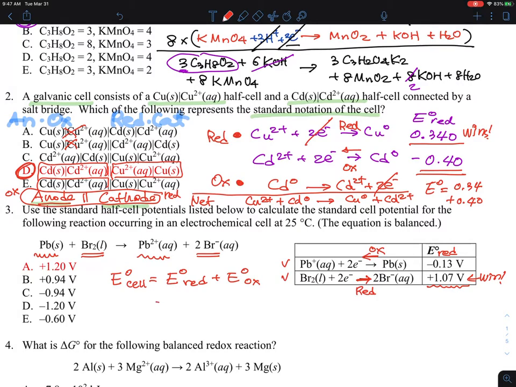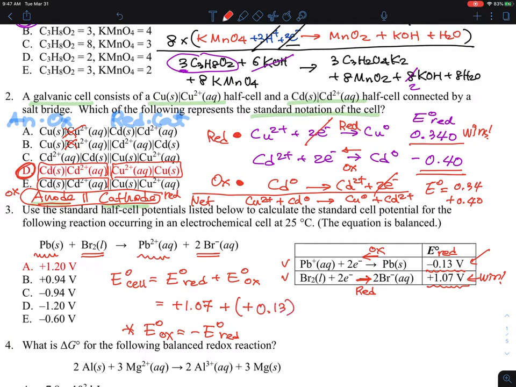Okay? And the reduction is the one you see here, which is a plus 1.07. And oxidation is essentially the opposite of this value. So what I mean is the standard potential of oxidation is the negative of the reduction value, and therefore here it will be a plus 0.13, because it is the opposite of the opposite.